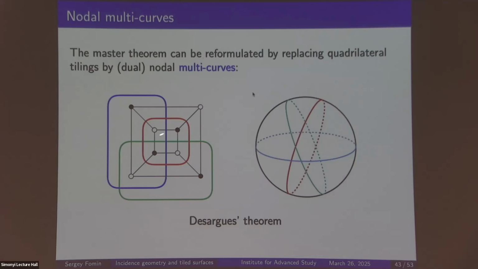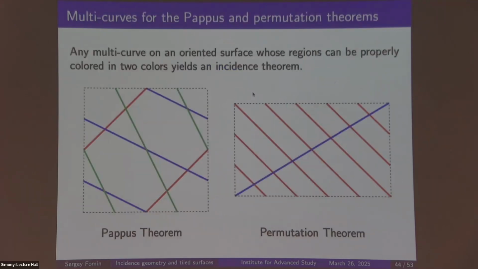So for example, from the cube, we will just get three great circles. And that's Desargues' theorem. So any multi-curve on an oriented surface whose regions can be properly colored in two colors gives rise to an incidence theorem. Because this is cryptomorphic to a quadrilateral tiling.